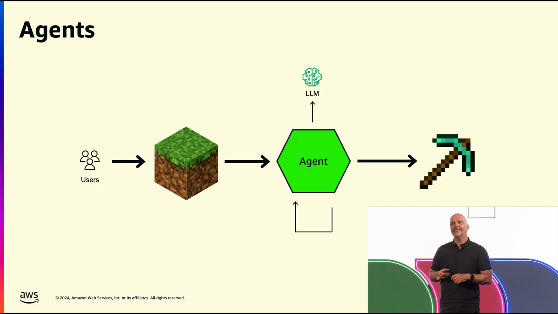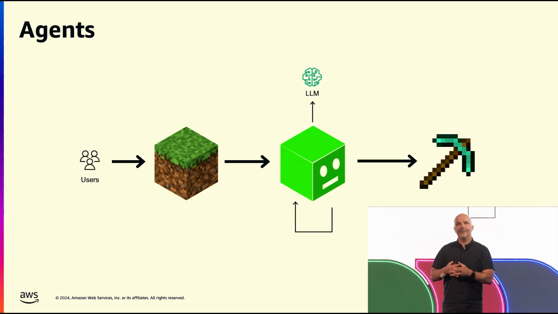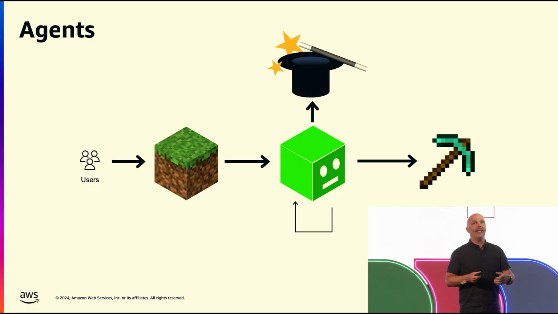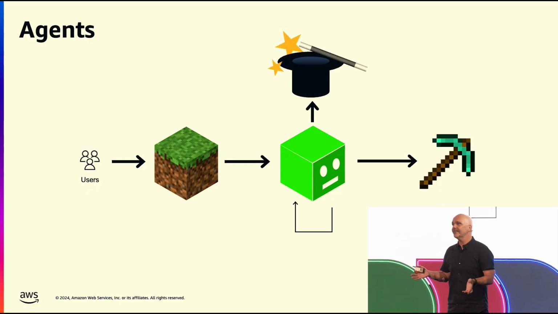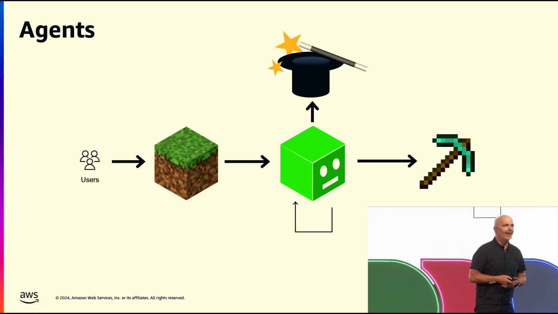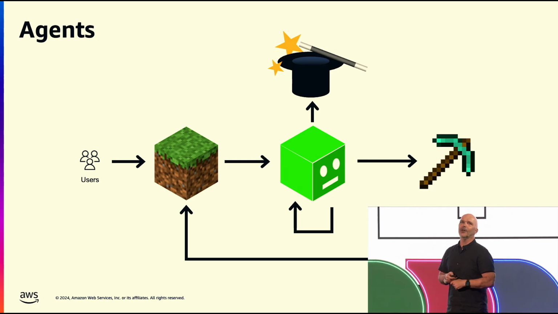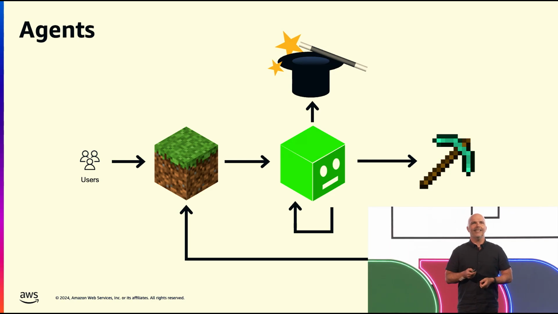All of these things can be your tools. You have the agent, which is the thing working out what I need to do with my Minecraft bot. And it will find out what it needs to do for the task. And then we've got the LLM, which is magic. It is magic. And then we've got all of those things being orchestrated via the agentic workflow. And this is what we built.